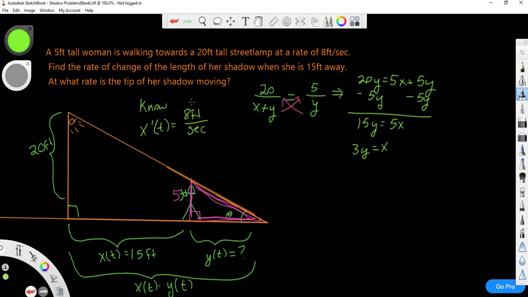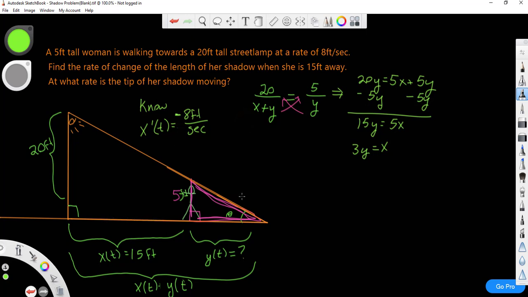Now, this isn't just a speed, it's also a velocity, so it needs to have a positive or negative with it. Since she's walking towards the street lamp, this distance is getting smaller. It's decreasing. So to note that this distance is decreasing, we're going to put a negative on this velocity.